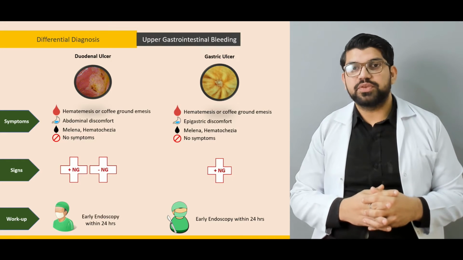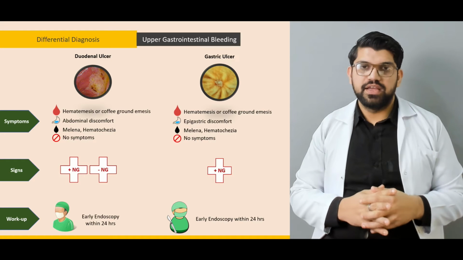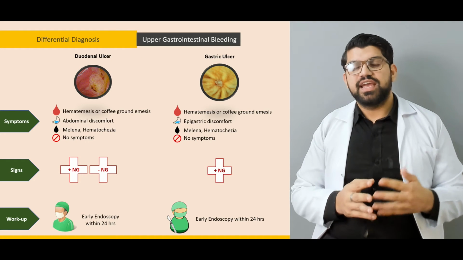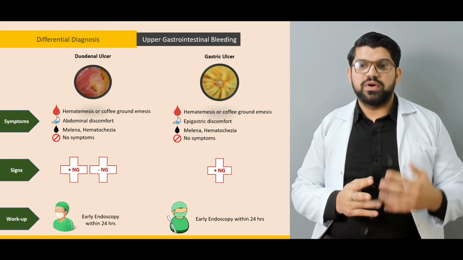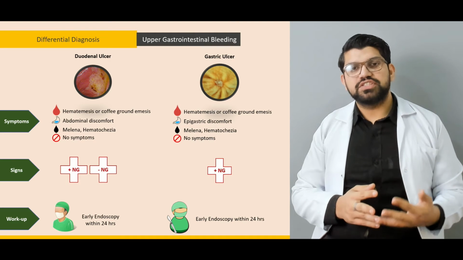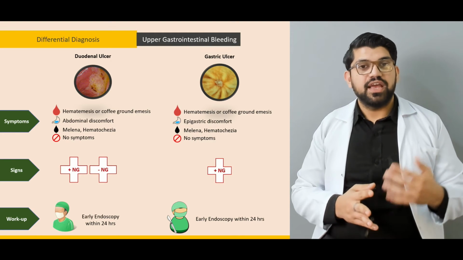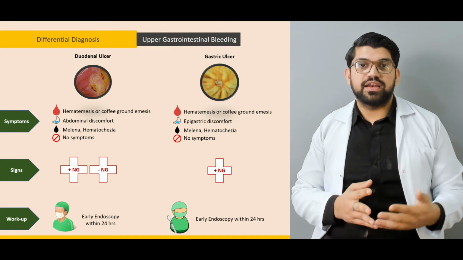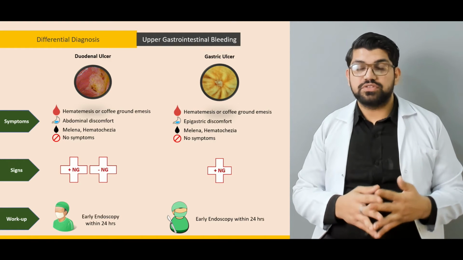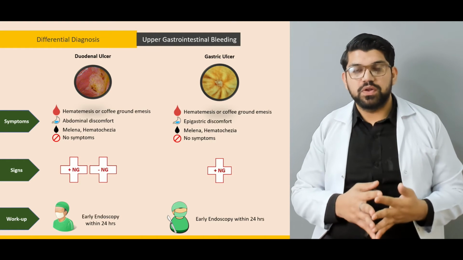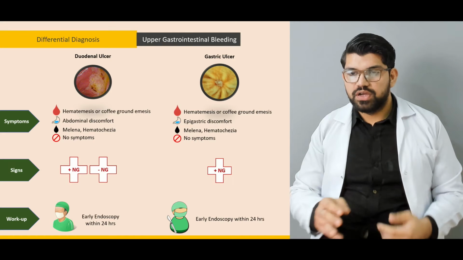Early endoscopy within 24 hours is highly recommended in these patients. At times, it is said in some literature that with gastric ulcer, it is advised not to be over-aggressive with the nasogastric tube because it can perforate and can cause damage to the stomach mucosa, which has already been damaged due to ulcers.